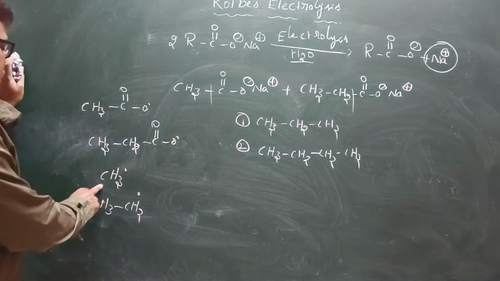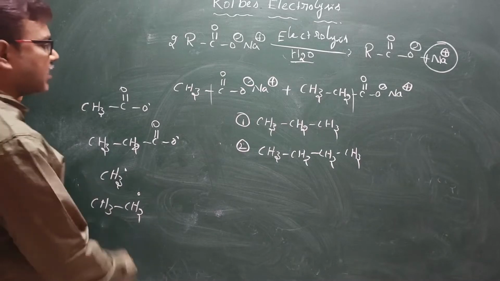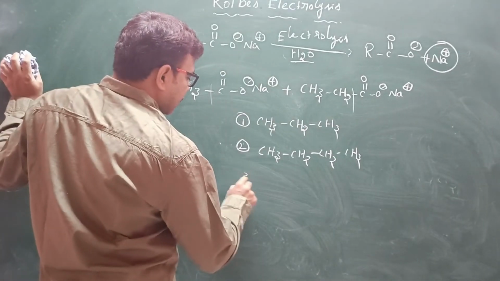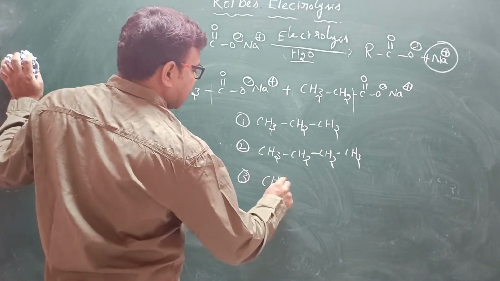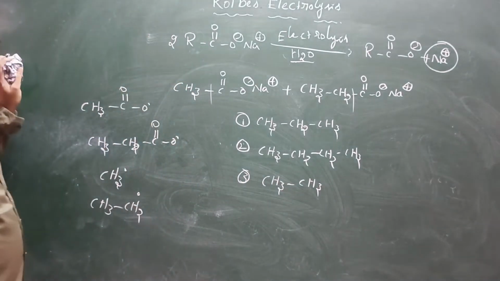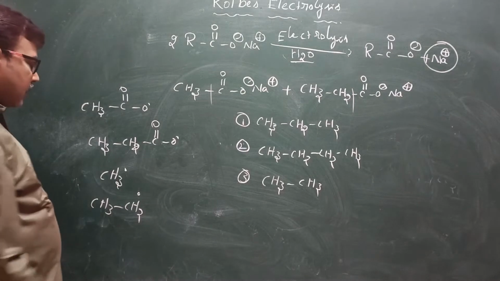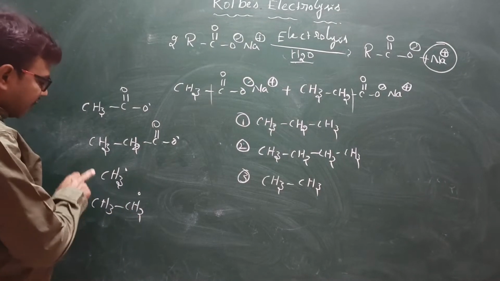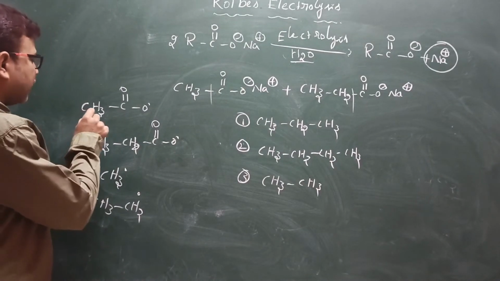Another possibility, CH3 free radical combined with another CH3 free radical to give ethane.